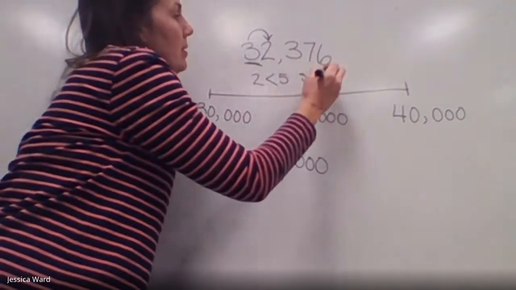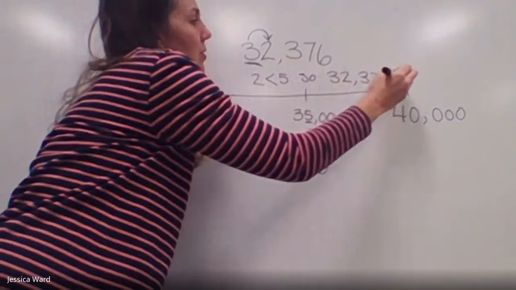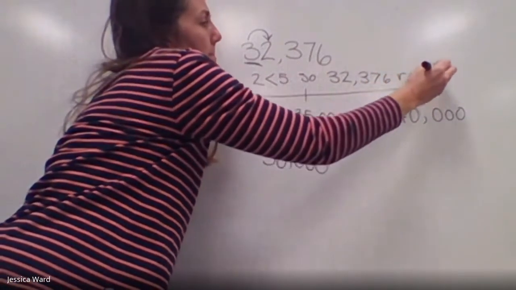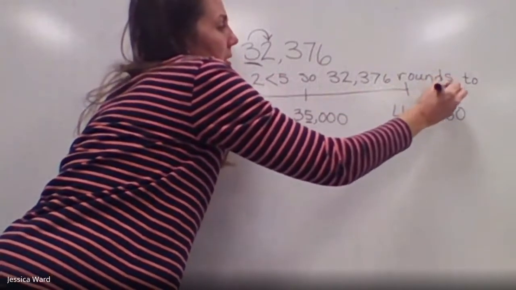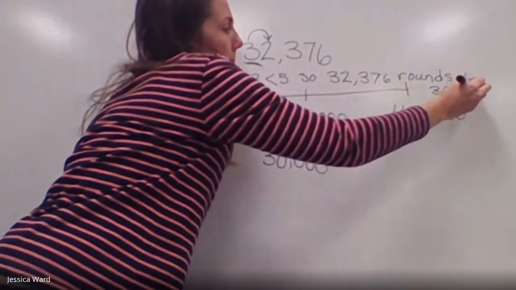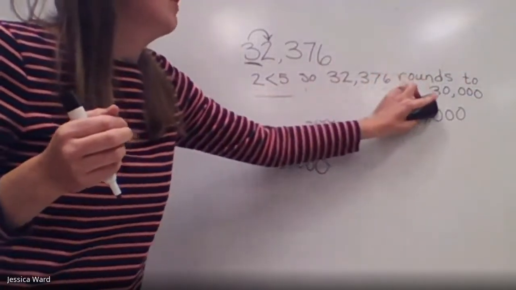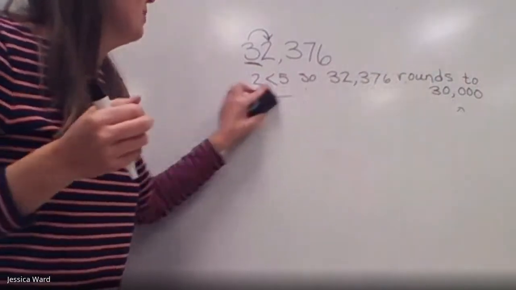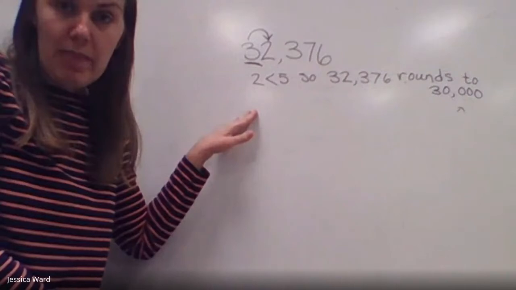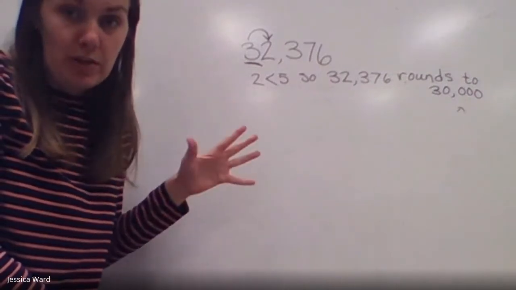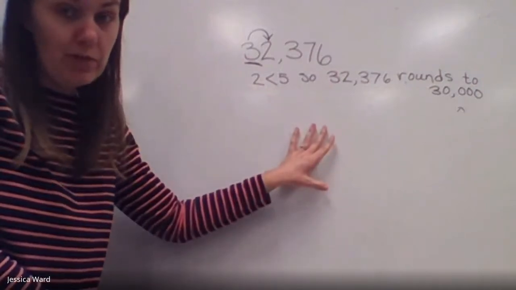So 32,376 rounds to 30,000. Okay, so that would be an example of how you could use a combination of math numbers and words to explain your answer. So this would be a way that you could show your work if you didn't want to draw a number line.